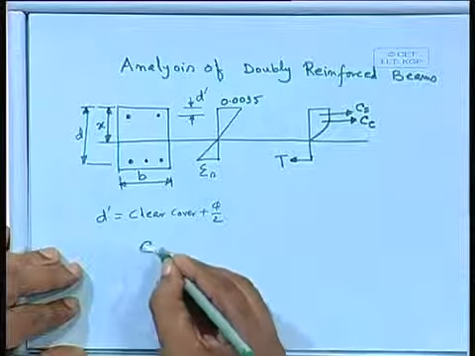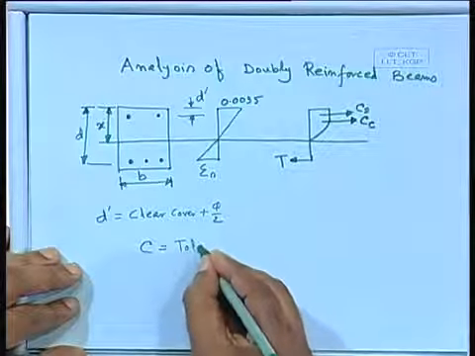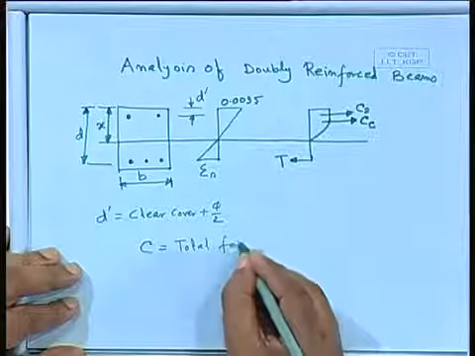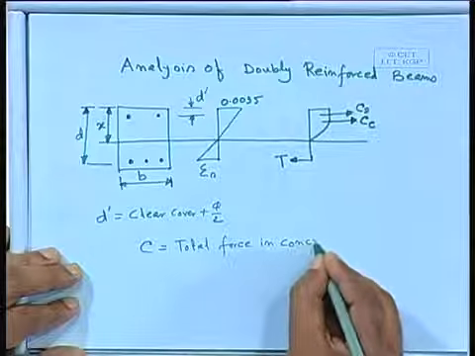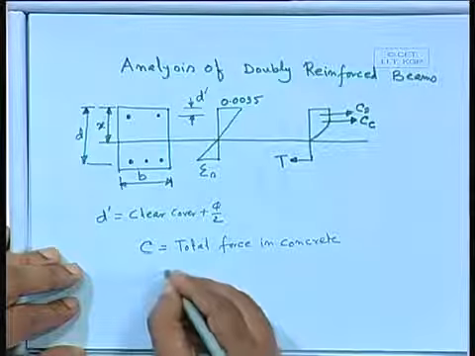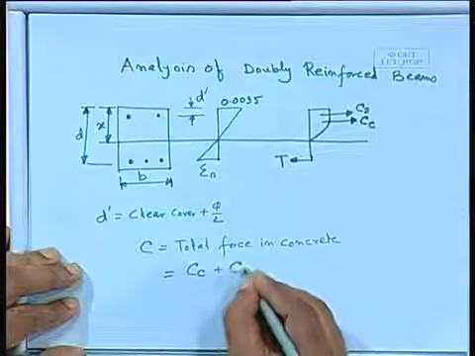Therefore, C total force in concrete equals Cc plus Cs.